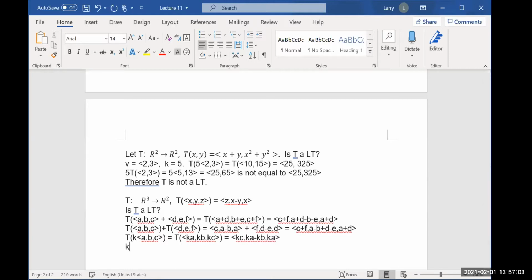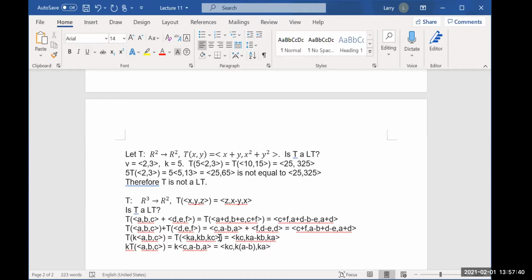And then I have to take K times T of A, B, C. And that's K times C, comma, A minus B, comma, A. And if I multiply the K through, I get KC, comma, K times A minus B, comma, KA.